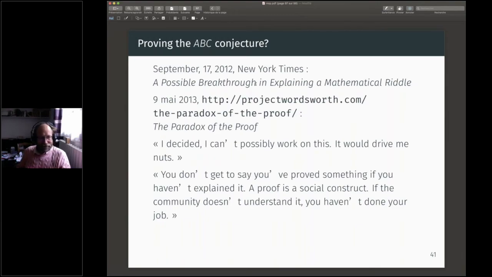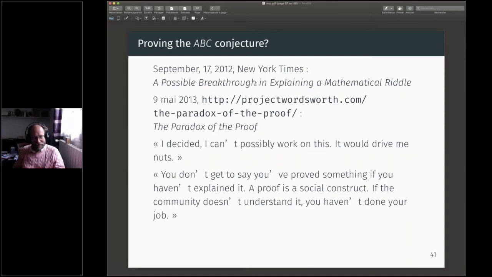For example, many important mathematicians could not really understand what happened in the paper. And in 2013, there was a blog post, which I found very interesting, called The Paradox of the Proof, where two mathematicians explained to journalists their opinion about this proof.